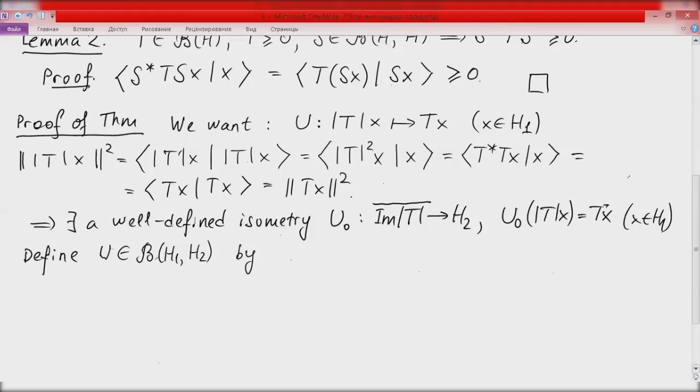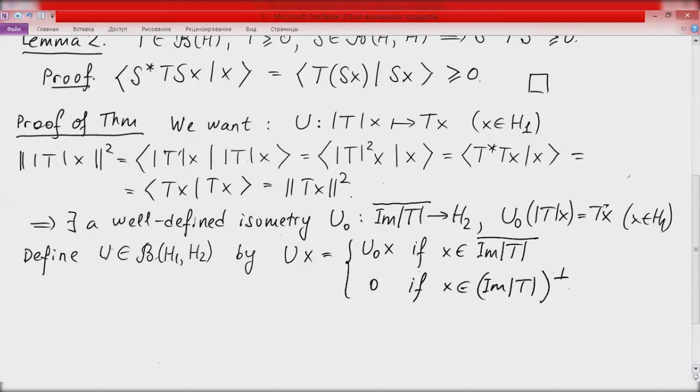U of x will be U0 of x if x sits in the closure of the image of the modulus of T, and 0 if x sits in the orthogonal complement of this subspace. So then it's immediate from the definition that U is a partial isometry.